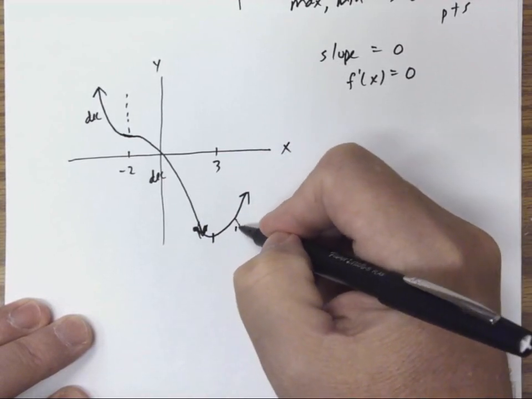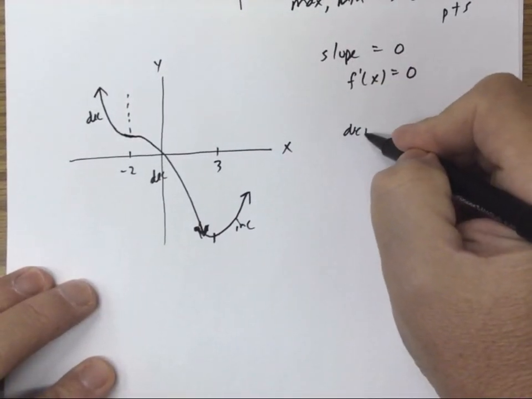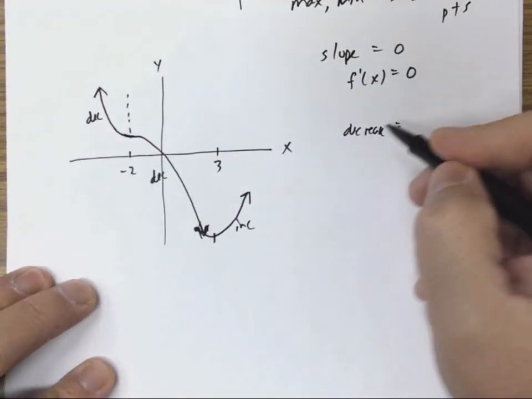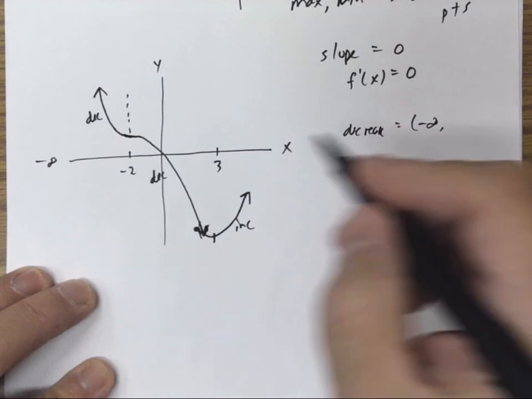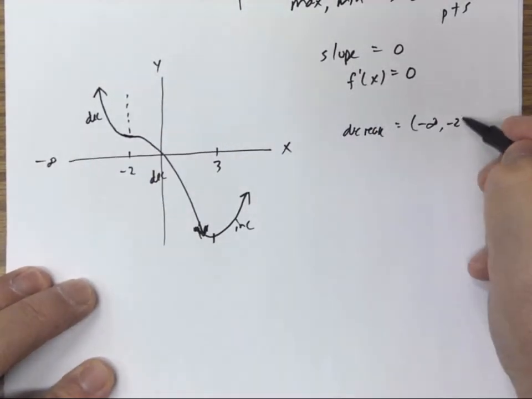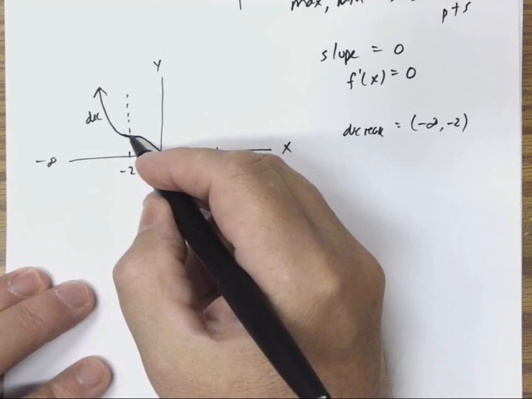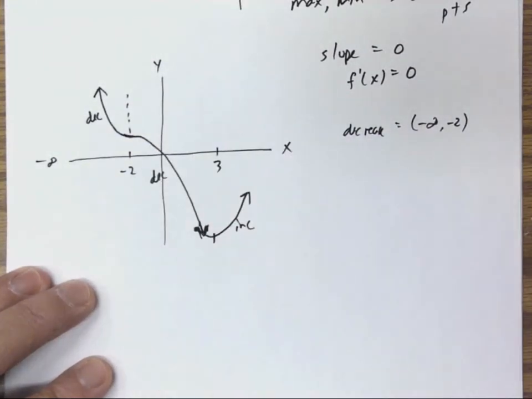And then from this point on, it's increasing. So if we say, what's the interval where it decreases, we would say -infinity to -2 has to stop here, because for a little bit here, it's not decreasing, it's just flat.